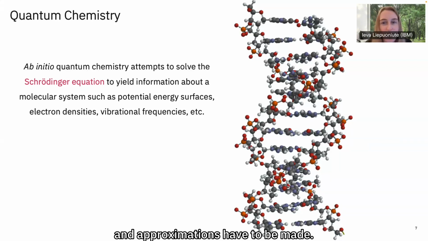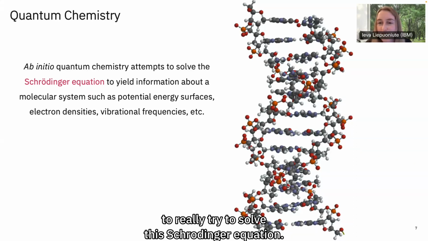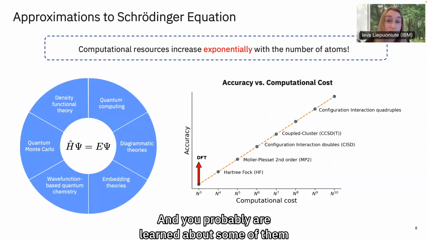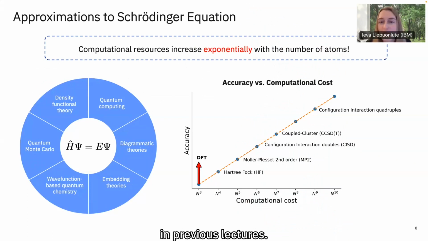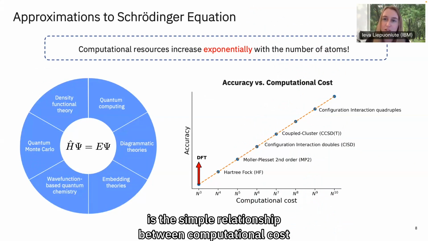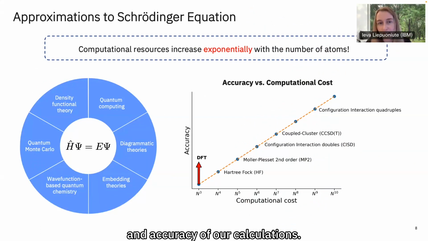And approximations have to be made, and we have to use numerical methods to really try to solve this Schrödinger equation. And in fact, there is a plethora of quantum chemistry methods, such as density functional theory, wave function-based methods, and you probably learned about some of them in previous lectures. But one important relationship to keep in mind is the simple relationship between computational cost and accuracy of our calculations.